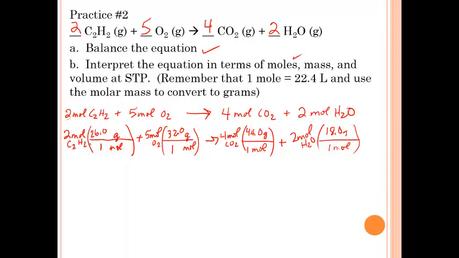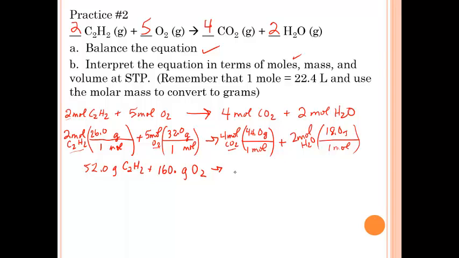All we're doing is converting moles to grams, and we're using the molar mass from our periodic table for each of these compounds. 2 times 26 gives me 52.0. Make sure you're using significant digits. C2H2. 5 times 32.0 gives me 160 point. I'm only allowed 3 significant digits, so I want to keep that decimal there. That's grams of oxygen.